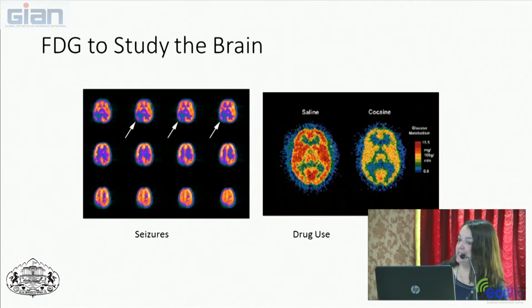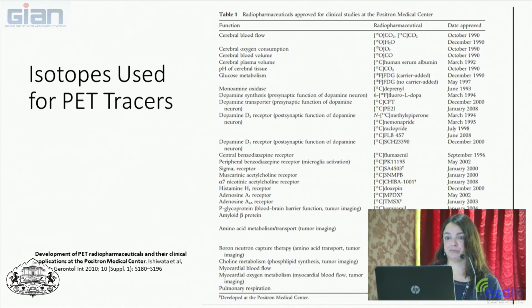And on the right is a brain of someone that has taken cocaine versus someone who's been given saline. So you can see the higher glucose metabolism is taking place in the saline brain. So the effects of the cocaine are changing the way that glucose is being taken up in the brain.